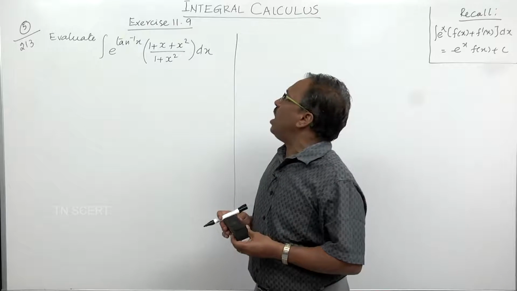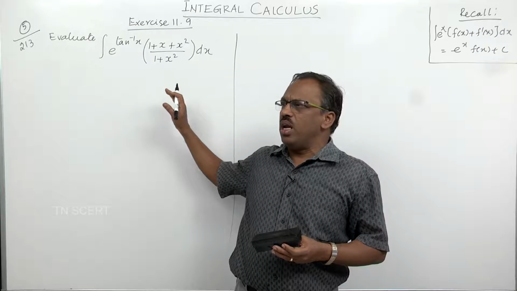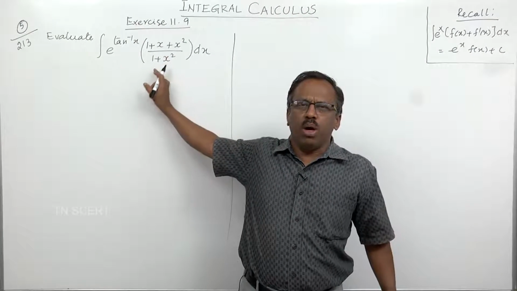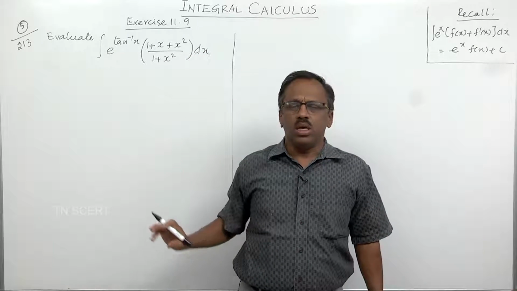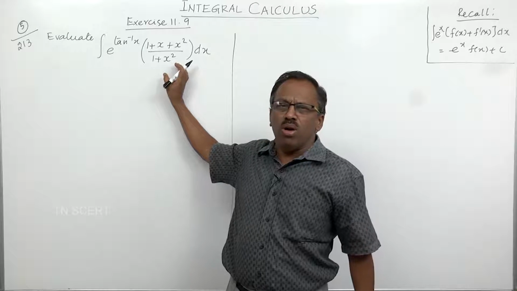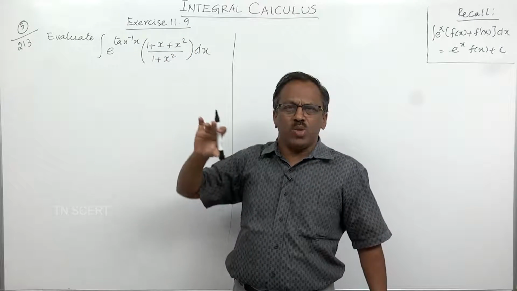In exercise 11.9, problem number 5, evaluate the integral of e power tan inverse x, (1 plus x square) by (1 plus x square), dx. Here it involves an exponential and an algebraic part, and the algebraic part is a rational expression.